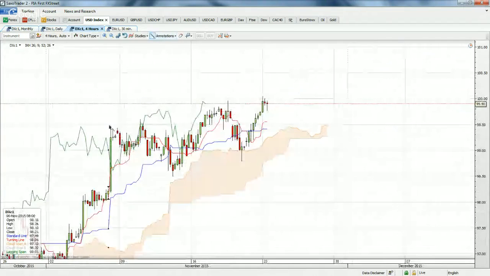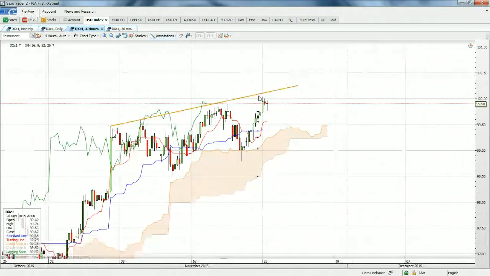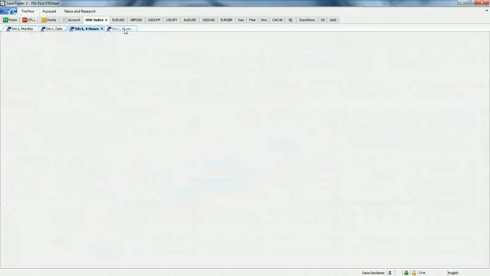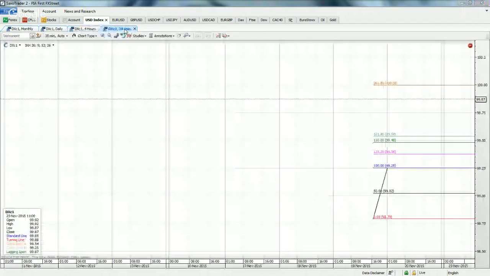But we do want to be wary of this pattern because it's around the 161.8% extension. We're holding on to this series of higher highs, and we're making higher lows, so we don't want to be buying into the top of this. And also what we wrote about this morning in one of our reports, we're just breaking it down into the 30-minute chart.